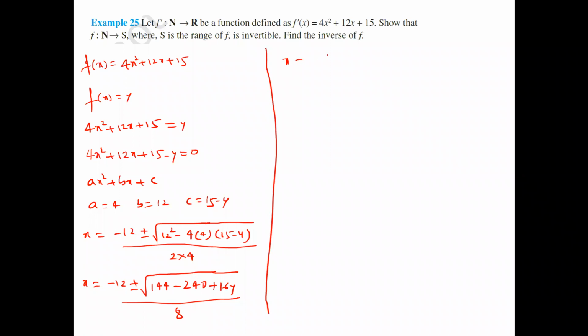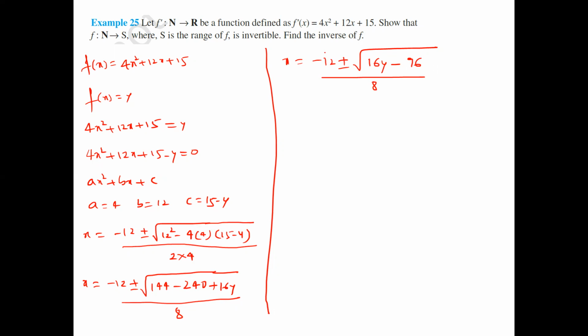So x equal to minus 12 plus or minus root of 16y minus 240 minus 144. What is the value? 96. Divided by 8. So 96 is divisible by 16.